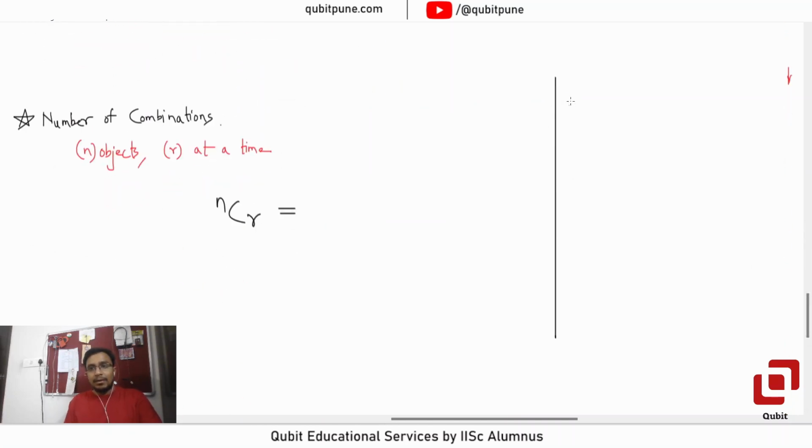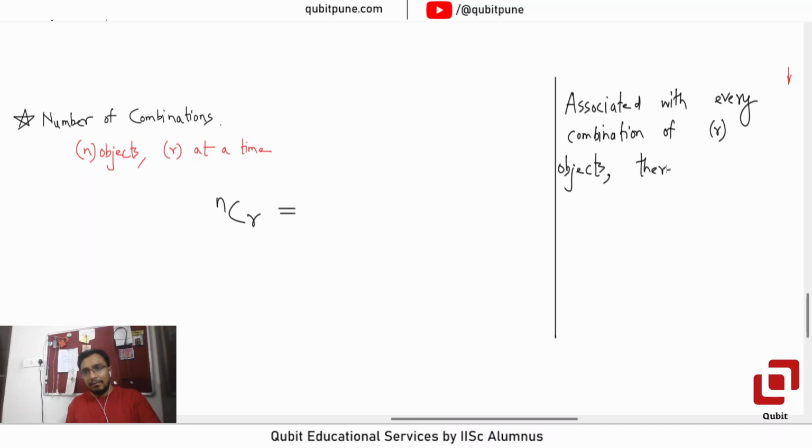Associated with every combination of R objects, there are R factorial different permutations. Is it clear? Because those R objects, in how many ways can you arrange them? R factorial ways, considering order is important.